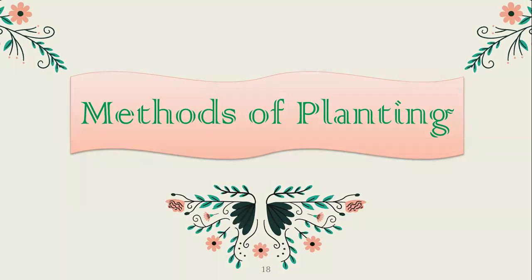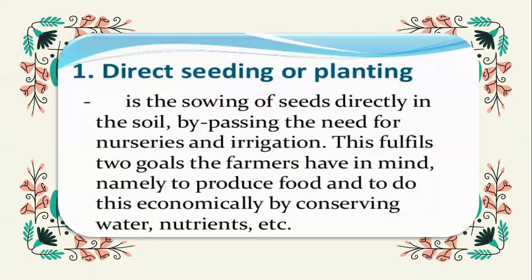Methods of planting. One, direct seeding or direct planting, is the sowing of seeds directly in the soil, bypassing the need for nurseries and irrigation. This fulfills two goals the farmers have in mind, namely to produce food and to do this economically by conserving water and nutrients.